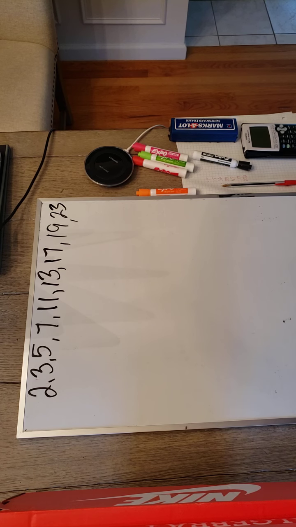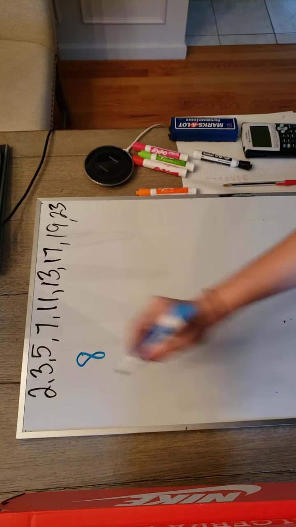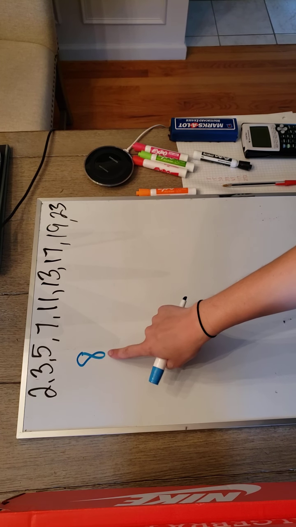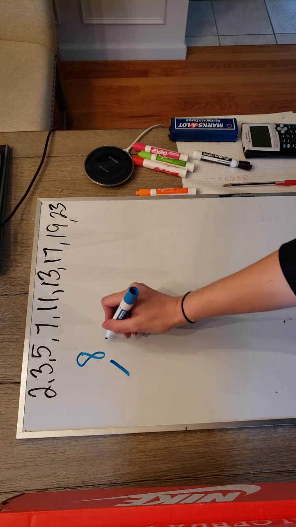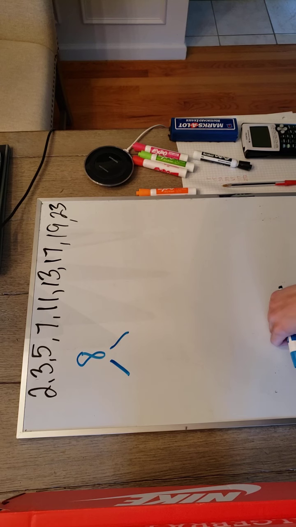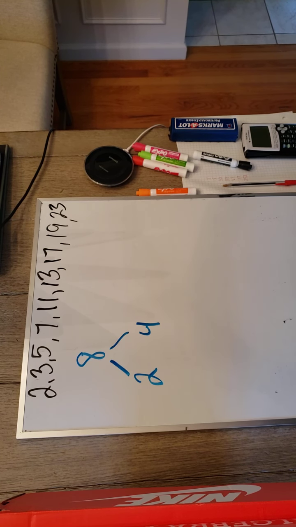So we're going to start off with small numbers and then go up to bigger numbers so it gets a little harder. So our first number is 8. To do the prime factorization of 8, you need to say two numbers that multiply to 8. So since there's going to be two numbers, you draw two lines. What times what is 8? 2 times 4.